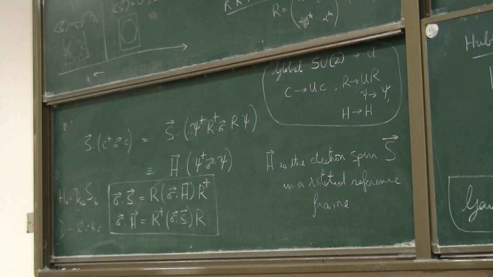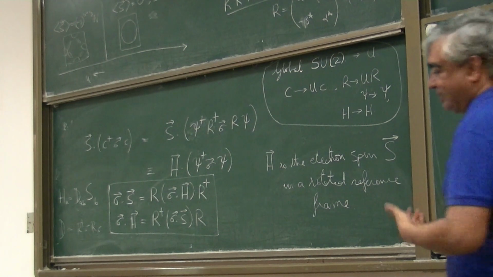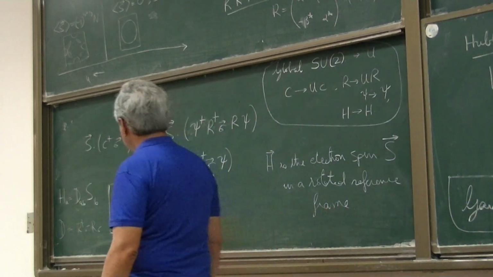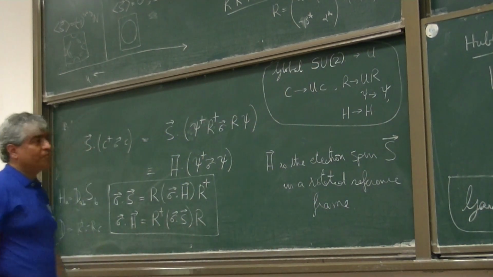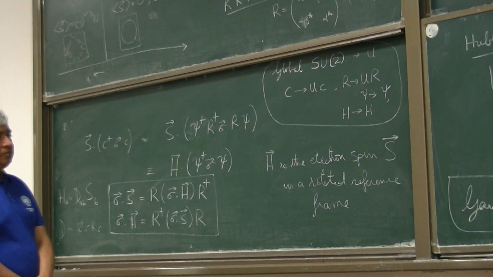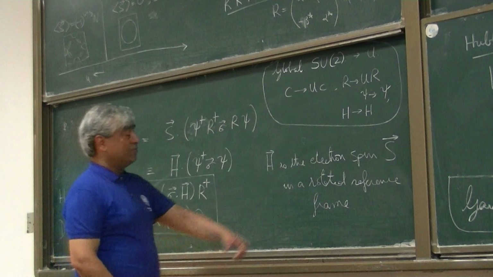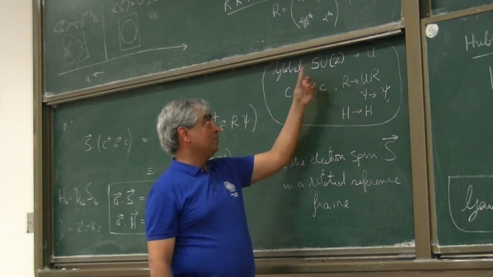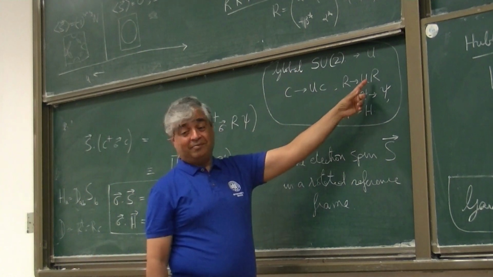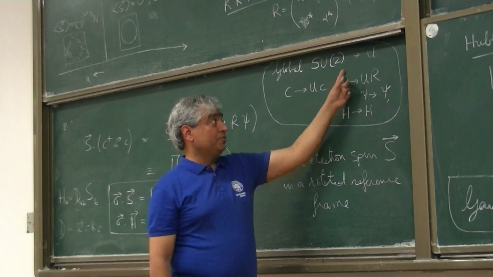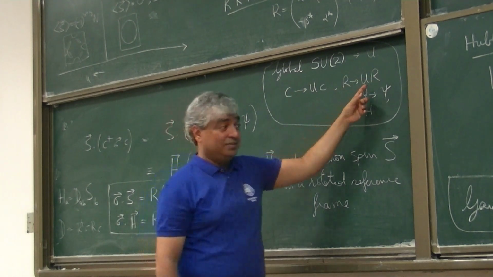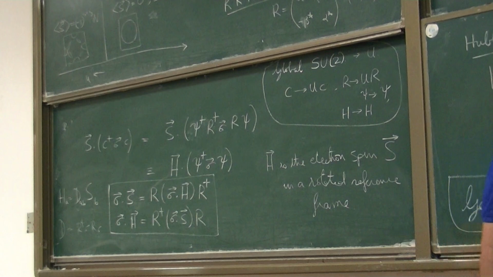It's a spinor variable that transforms in the spinor representation of the gauge SU2. But it also transforms by left multiplication in the global SU2. So it's kind of a very peculiar beast. It's got both the global charge by left multiplication and the gauge charge by right multiplication.